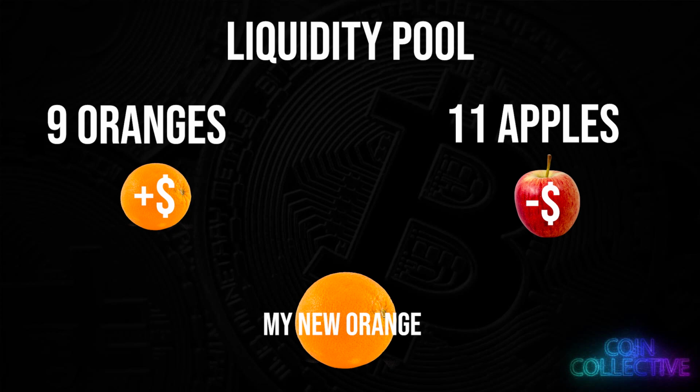Of course, if you increase the volume and you're dealing with a real liquidity pool and real automated market makers with millions of dollars of two assets, it's going to be much more complicated than that. But we're giving you the simplest explanation of how a liquidity pool works, what liquidity is, and how these automated market makers allow for these permissionless and decentralized swaps to happen on these decentralized exchanges.